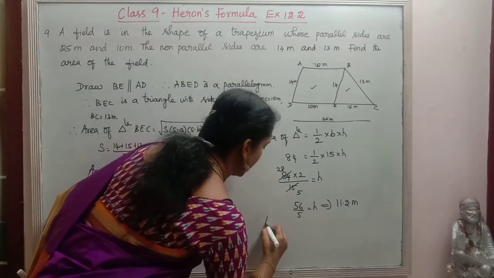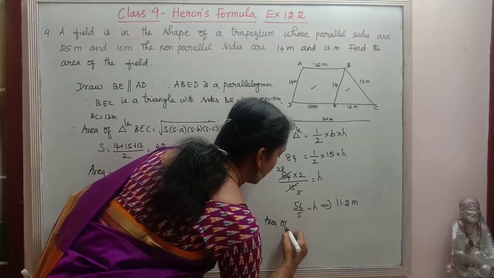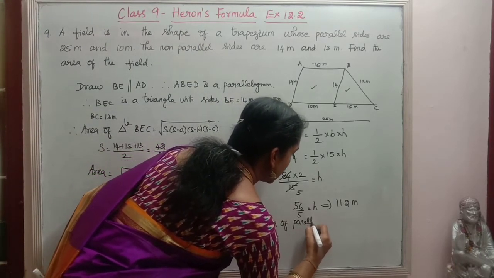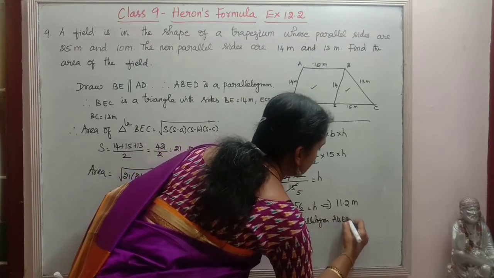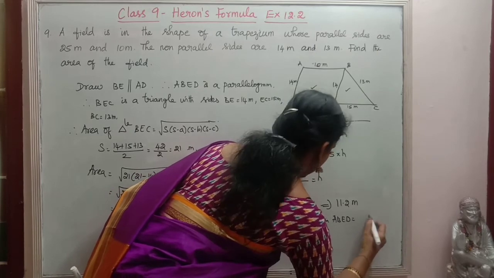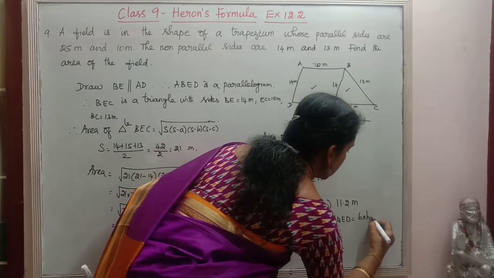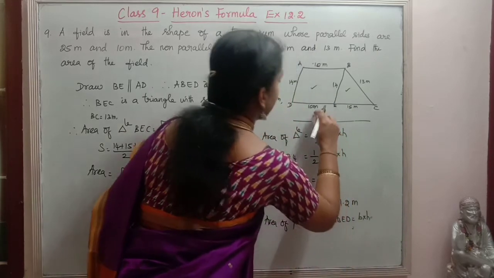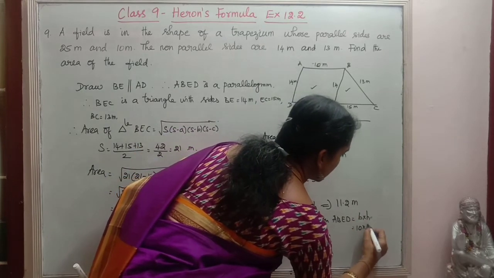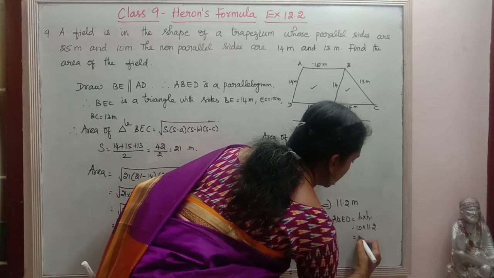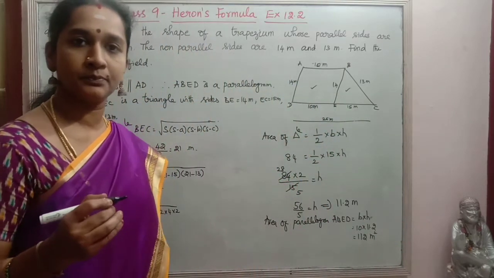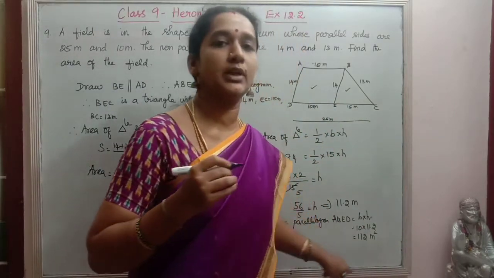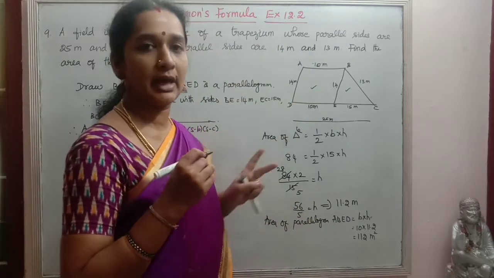Now we will find the area of the parallelogram ABED, which is base into height, that is 10 meter into 11.2, equal to 112 meter square. This is the area of the parallelogram.